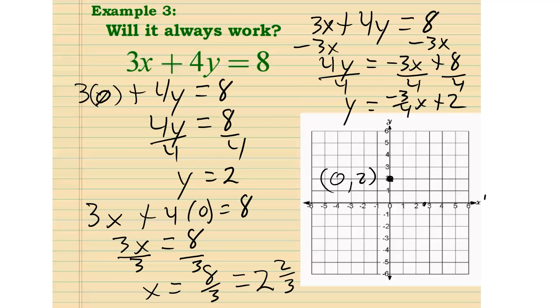Well, there's my 2. I've got that point graphed already. Slope is down 3 and right 4, or up 3 and left 4. This time the cover-up method doesn't work so well, but I can still graph it using y equals mx plus b. I just have to isolate y first.